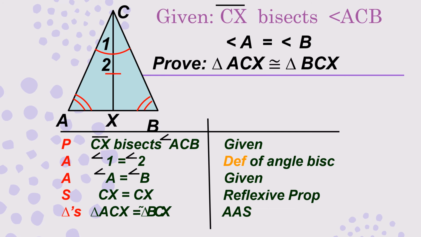If you name them 1 and 2, clearly angle 1 equals angle 2, angle A equals angle B, that is given. CX is equal to CX because both triangles are sharing the common edge. So triangle ACX is congruent to triangle BCX. Can you name it? By which criteria? Yes, it is AAS.